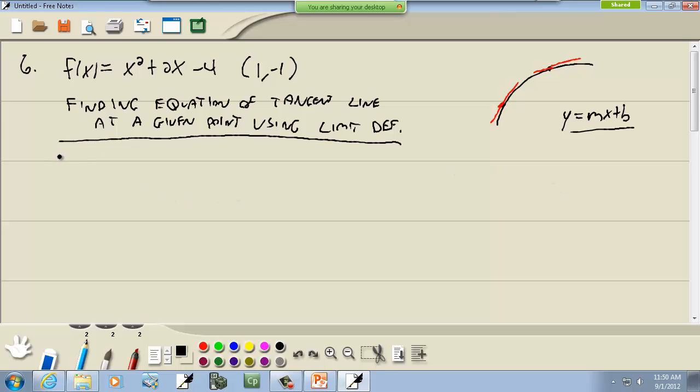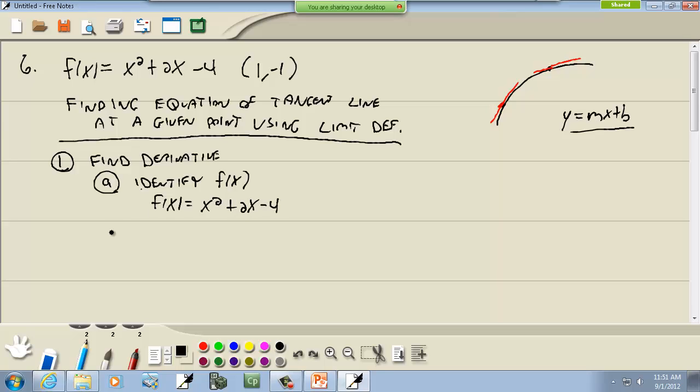Okay. Now our first step is still the same. Find a derivative. We still have our 3 sub-steps in that. Our first one is to identify f of x. Well, in this problem, f of x is equal to x squared plus 2x minus 4.